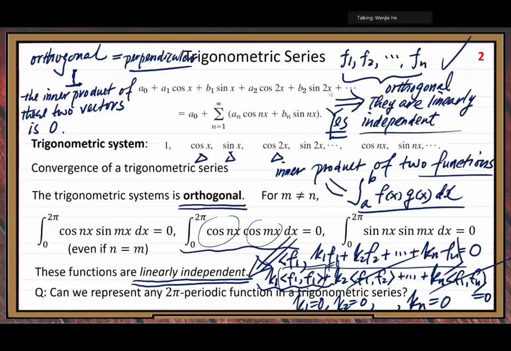Before we move to the next slide, let's look at this question, the bottom question. Can we represent any 2 pi periodic function in a trigonometric series? This question is a very big, important question in math history.